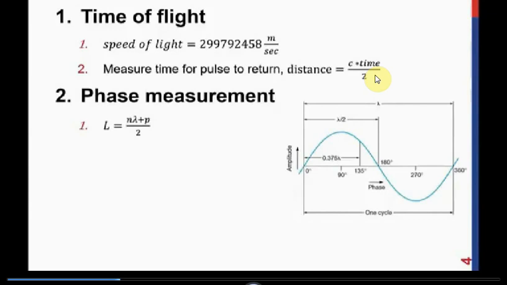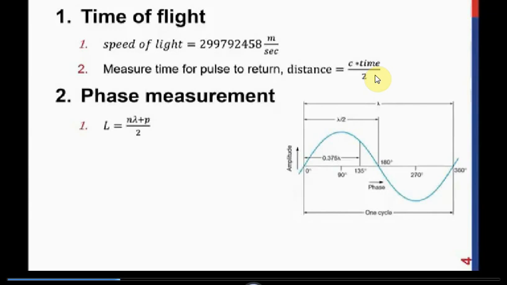So the pulse is traveling the distance twice. Hence the time taken by the pulse to travel the distance one time will be equal to t by 2.